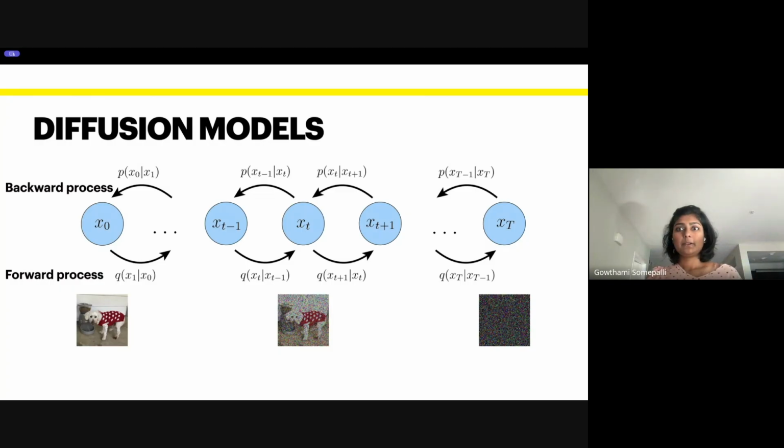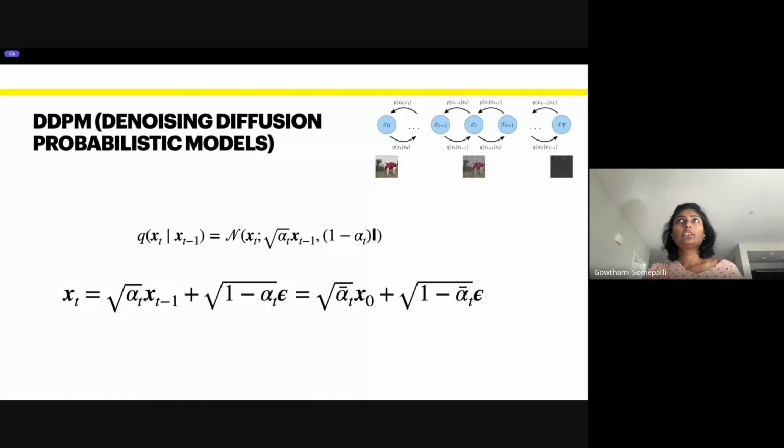One of the first papers to get this formulation to work really well is Denoising Diffusion Probabilistic Models, DDPM. In this paper, this is how the authors define the process. Let's say q of X_t given X_{t-1}, that means the higher-noise image given a slightly lower-noise image in the previous time step.